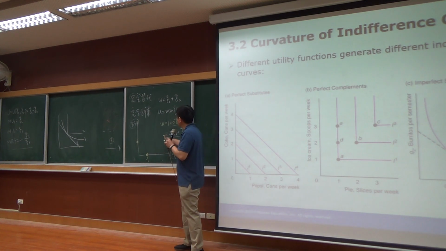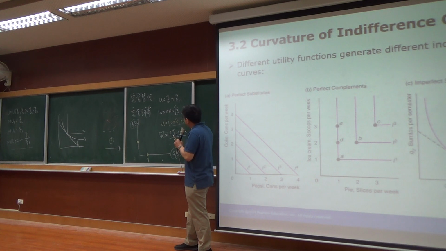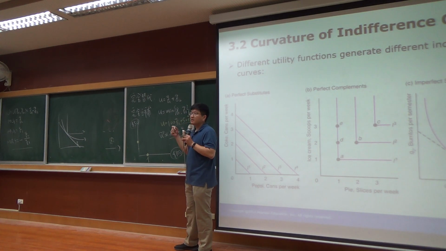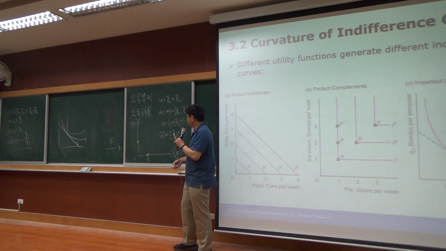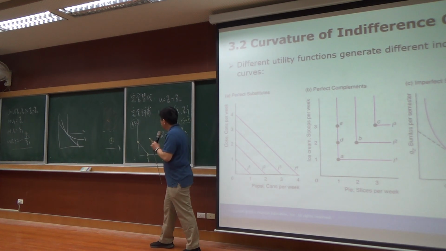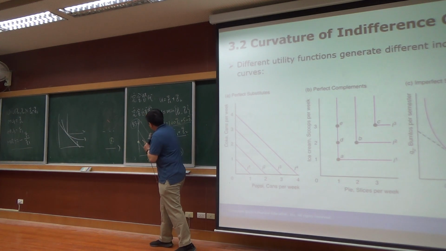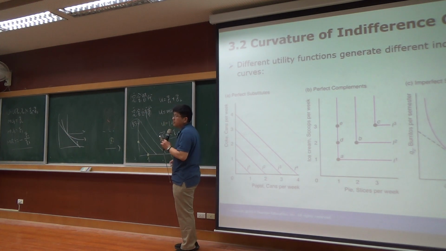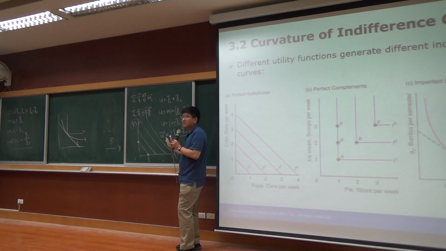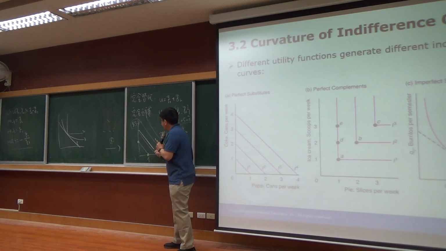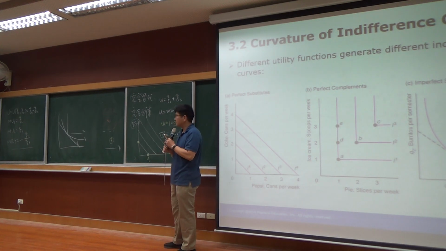So we may have another utility function, U prime, U tilde. And these two utility functions are capturing the same thing. Okay? So the utility function would look like this, a straight line, because they are perfect substitutes.